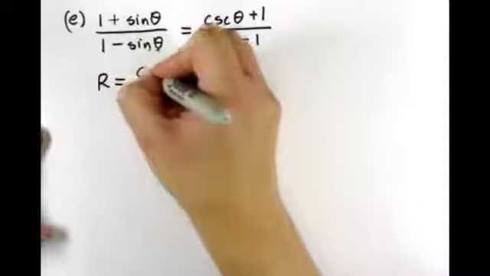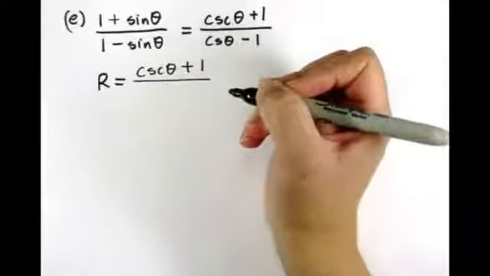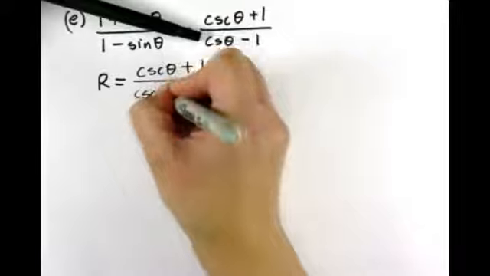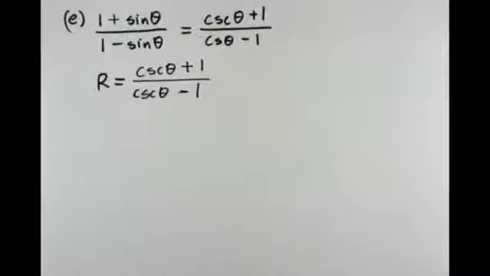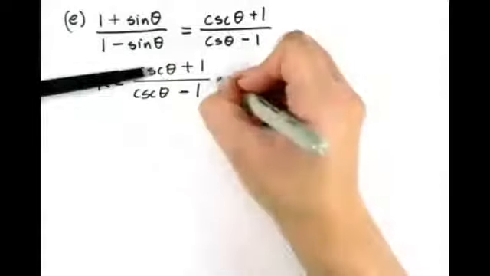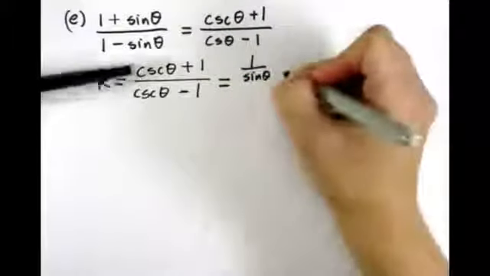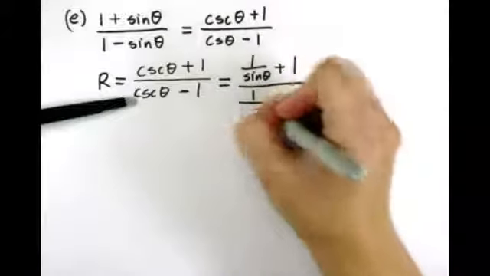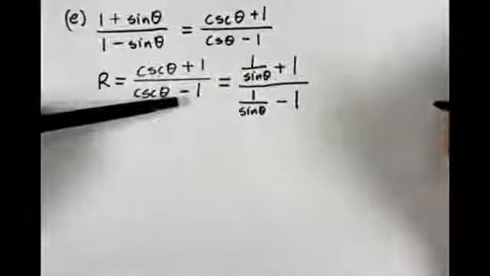Cosecant theta plus 1 over cosecant theta minus 1. First we're going to change cosecant. We know that this is 1 over sine. So I have 1 over sine theta plus 1 over 1 over sine theta minus 1.